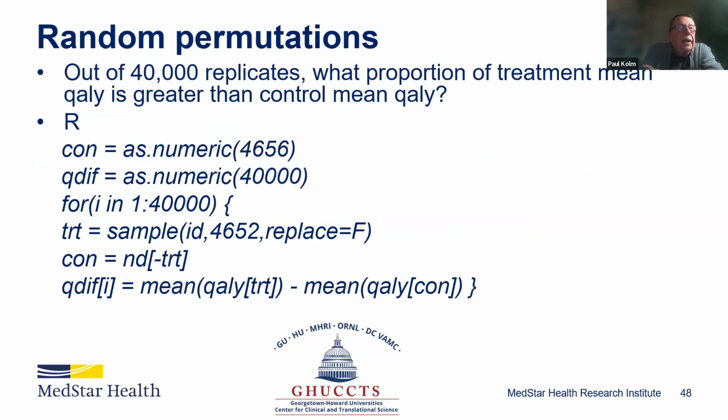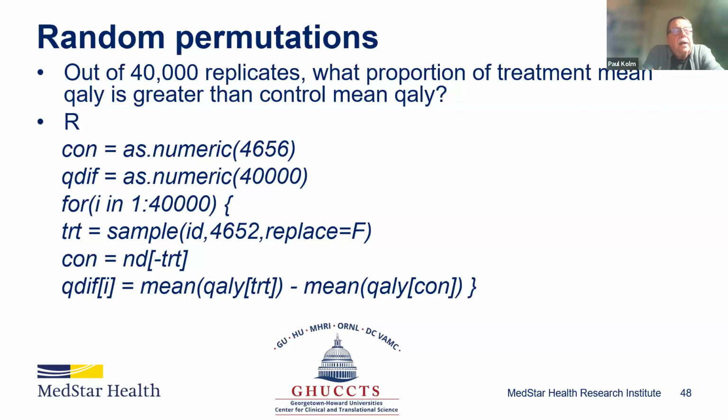First of all, I am going to identify the CON as the control group. It has 4656 patients in it. And then my QDIF vector is going to be 40,000 long, because that's where I want to keep track of how many times the treatment mean was greater than the control mean. And so I just do a loop here for I in 1 to 40,000.